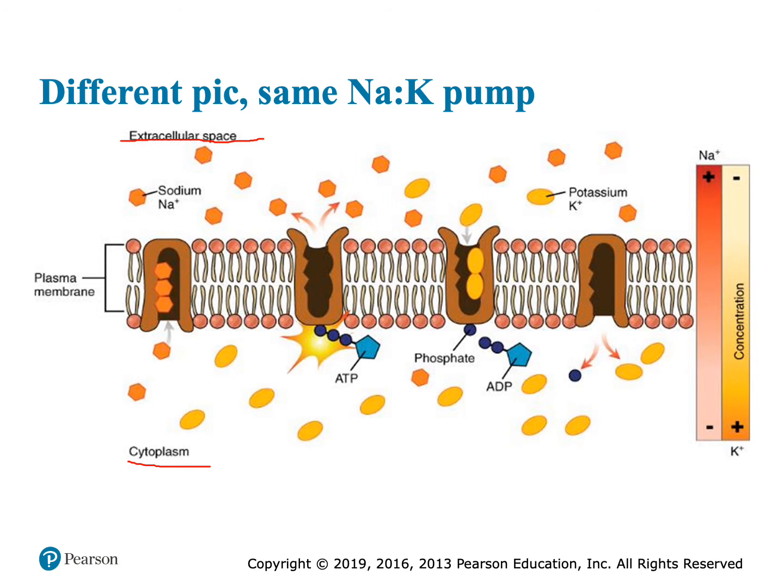And when it starts up, we're going to push 3 sodiums into an already crowded situation, and we're going to push 2 potassiums into an already crowded cytoplasm full of potassiums. That's what the pump does.